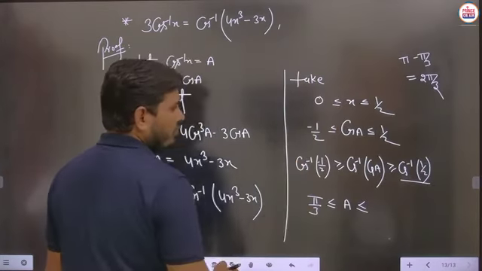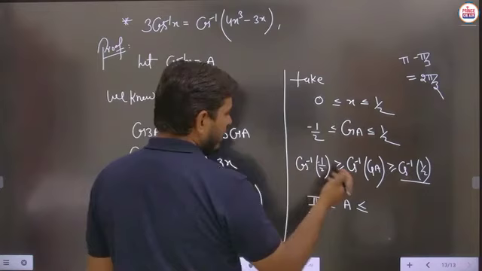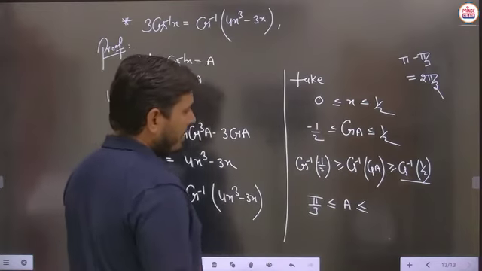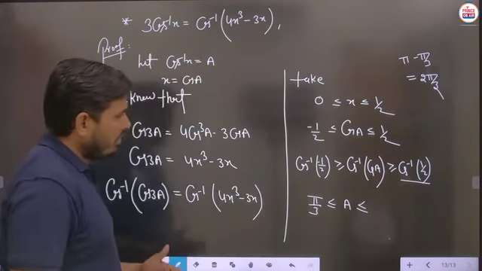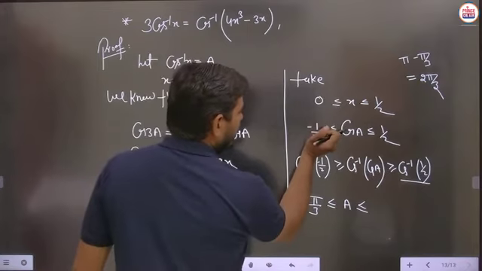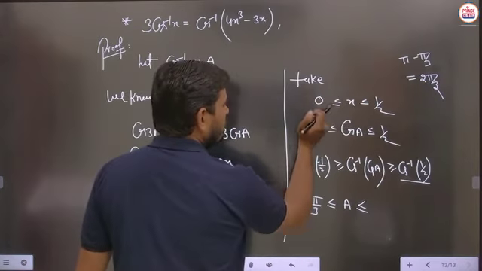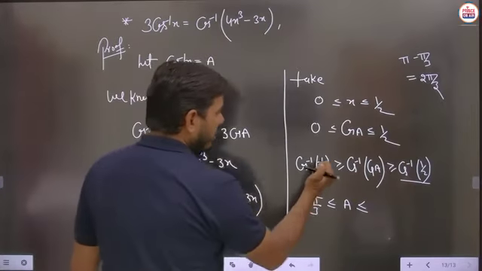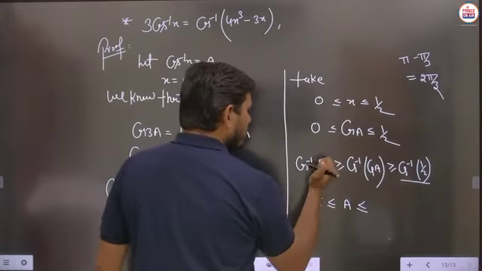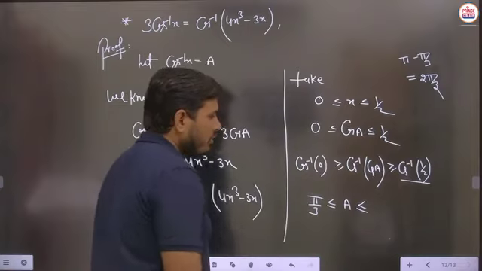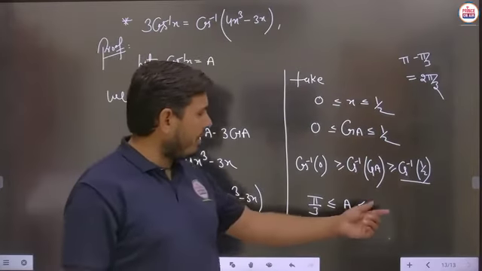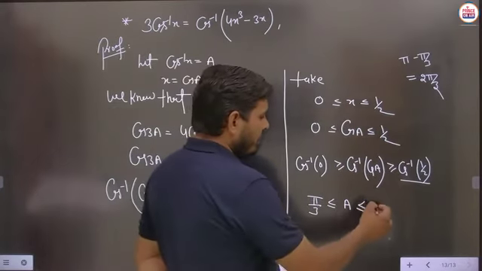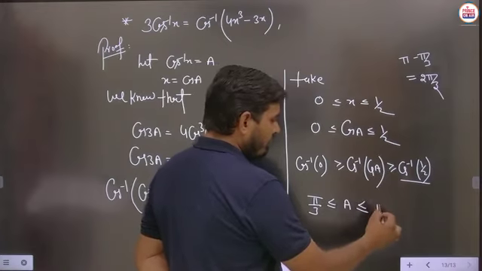Then for 0 you will get the pi here, no problem. And for the 0 you will write here 0, and cos inverse 0, so definitely the angle will be obtained as pi by 2.